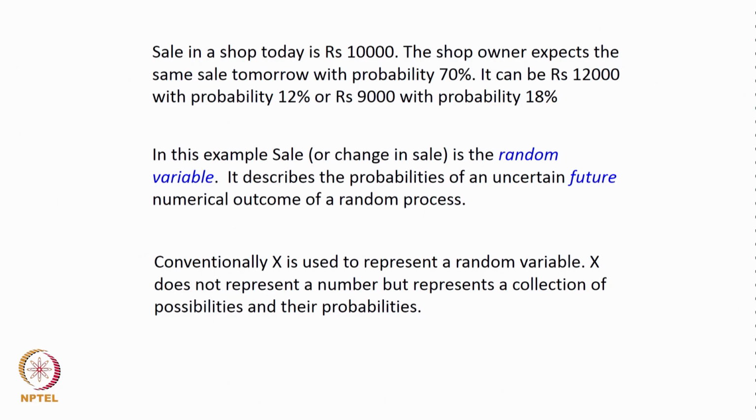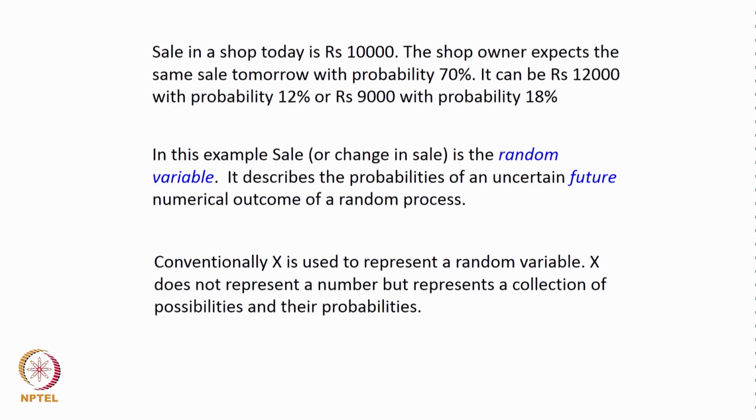So now we have the sale in a shop as a variable, and this variable according to the text given can take 3 values, which is 10,000, 12,000 and 9,000 with probabilities 70%, 12% and 18%, adding up to 100%. Again, proportions and probabilities are used interchangeably, so probability is expressed as a percentage.